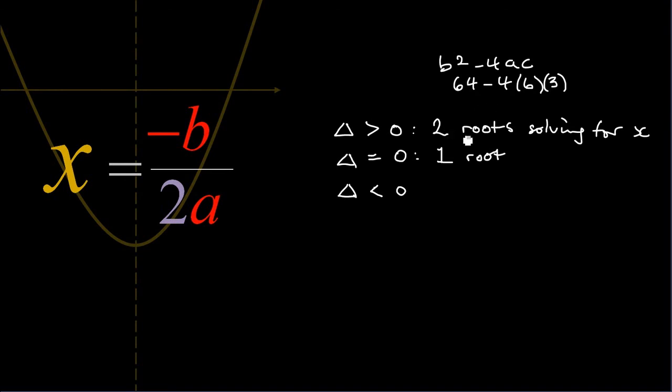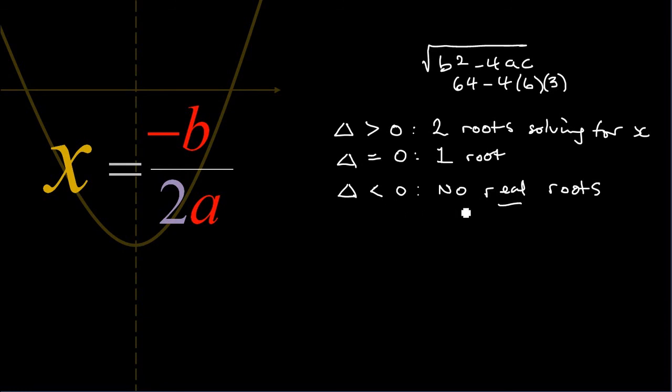Okay, now if that's the case, then we're going to have this situation of the discriminant being less than 0. In other words, underneath the square root sign here, we're going to be trying to square root a negative number. Well, we can't do that usually, so we say there's got no real roots. But we have to say real, because there is a branch of mathematics that talks about imaginary numbers, in which case, you know, there is a solution.